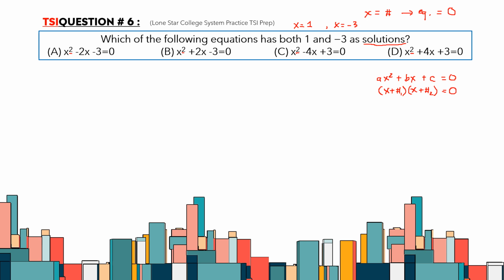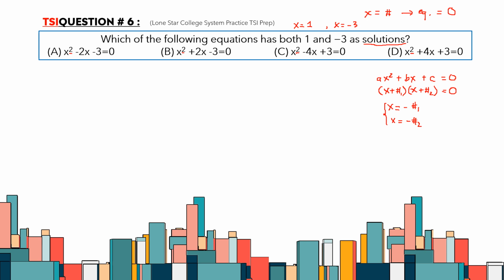Now we solve for x using the zero term. So x equals minus number 1, or x equals minus number 2.